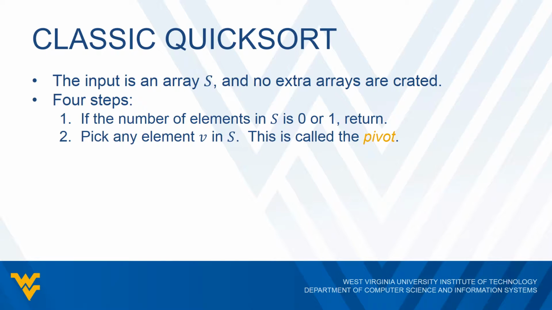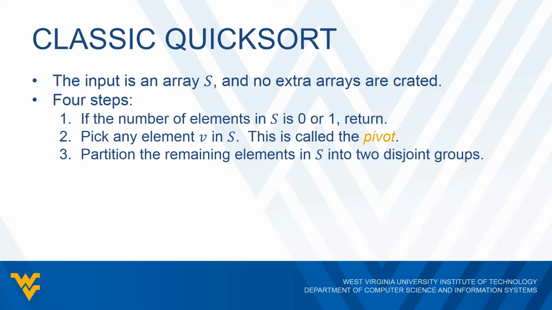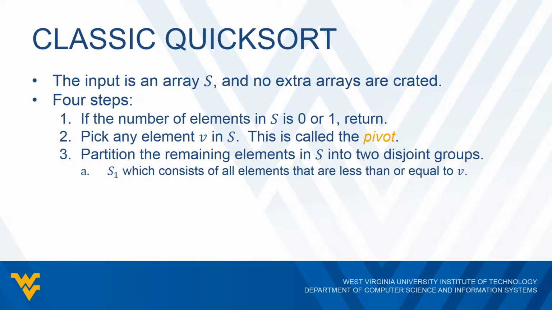So the next step is we're going to pick some element v in S, and we're going to call this element the pivot. Once we have our pivot, the next step is that we're going to partition the remaining elements in S into 2 disjoint groups. The first group, which we'll call S1, is going to have all the elements that are less than or equal to v, or less than or equal to the pivot.